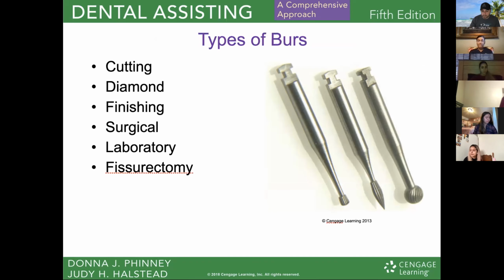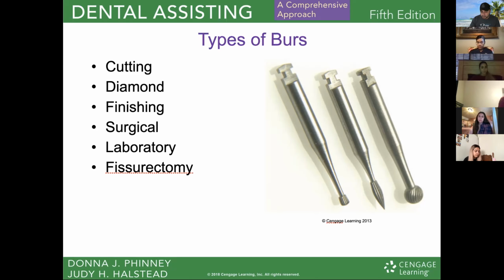Diamond burrs are also used for cavity preparations and finishing restorations. Diamond burrs cut teeth really well, almost like butter. They're used to make really nice, sharp line angles and point angles and really smooth cavity walls.